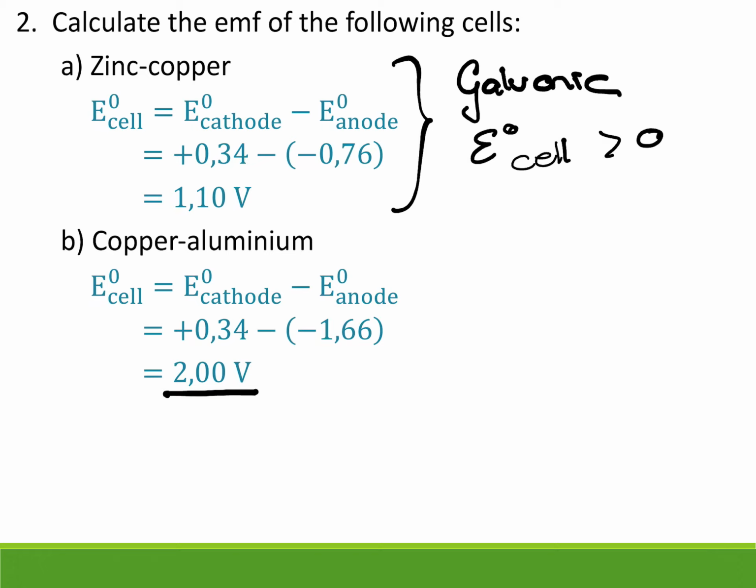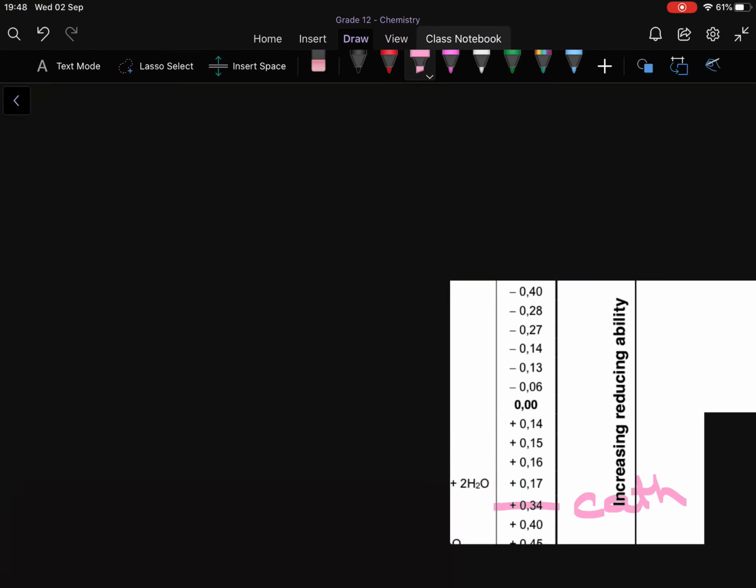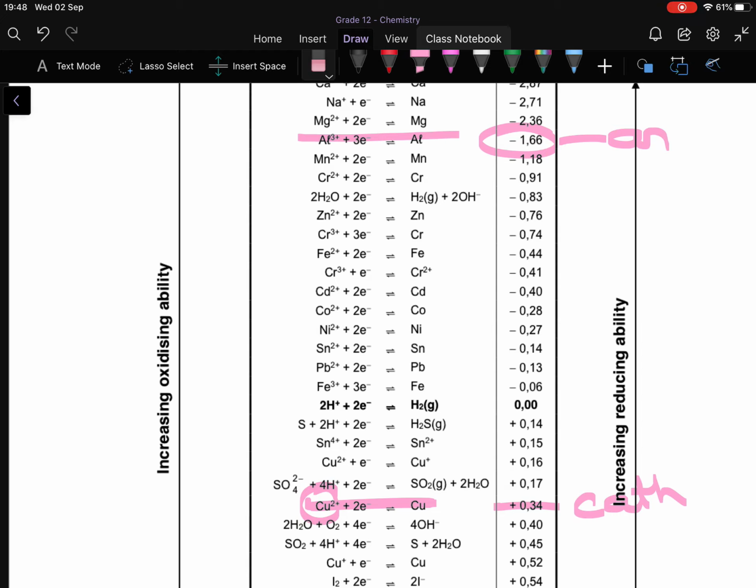Okay, we good? Now we have aluminium lead. We've already found the aluminium. We need to now know where the lead is. So let's get rid of the copper. We don't need that one anymore. And over here, oh wait, there's the lead. It's below the aluminium, so the aluminium is still the anode.